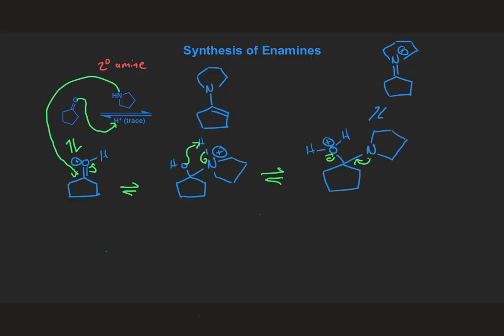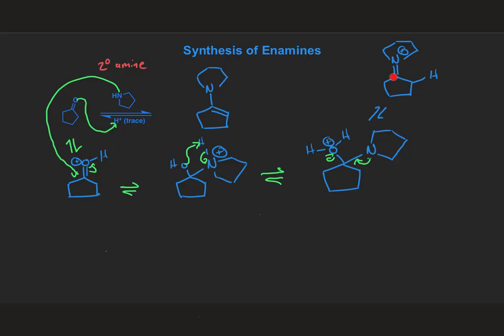Unlike last time, because we started with a secondary amine, there is no proton on this nitrogen to deprotonate. So rather than protonating or deprotonating that nitrogen, which we don't have, we're going to deprotonate a carbon in an elimination type reaction, where now we're looking at the alpha carbon.